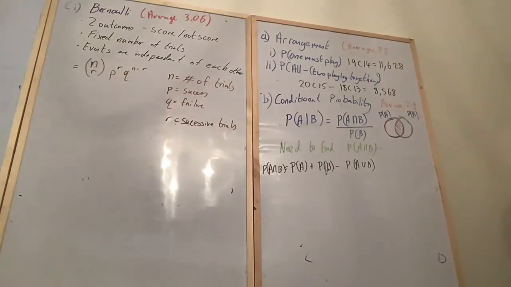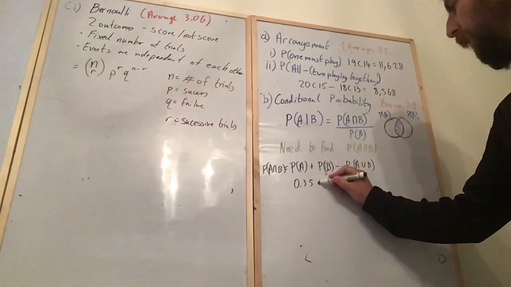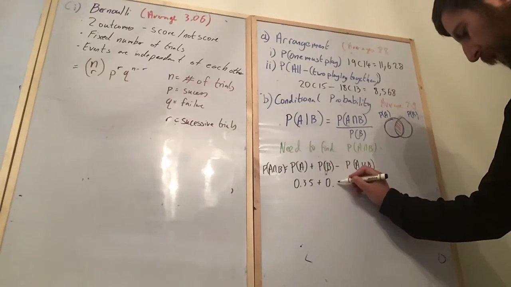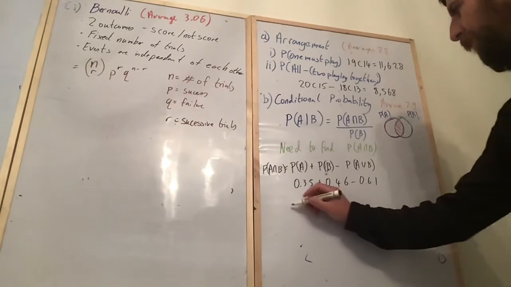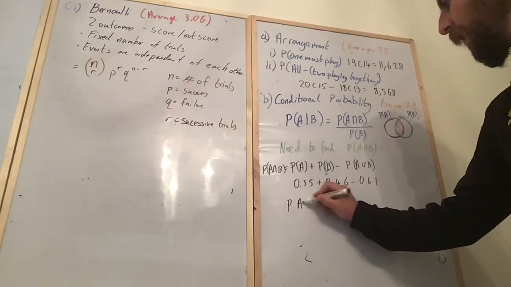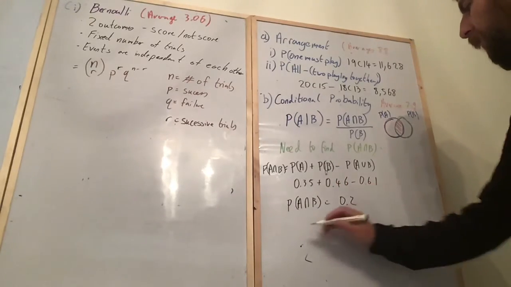So P of A was 0.35, so 0.35 plus 0.46 minus 0.61. So your P of A intersection B is 0.2.